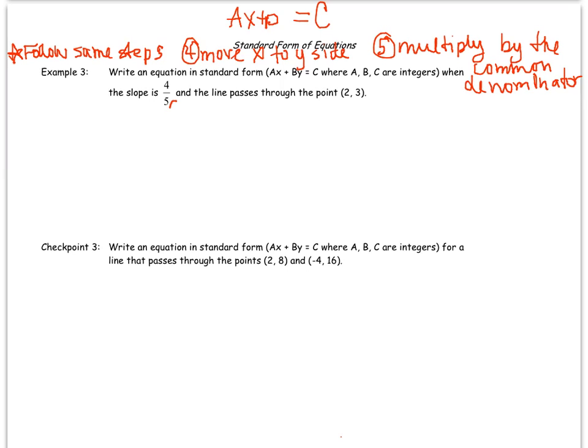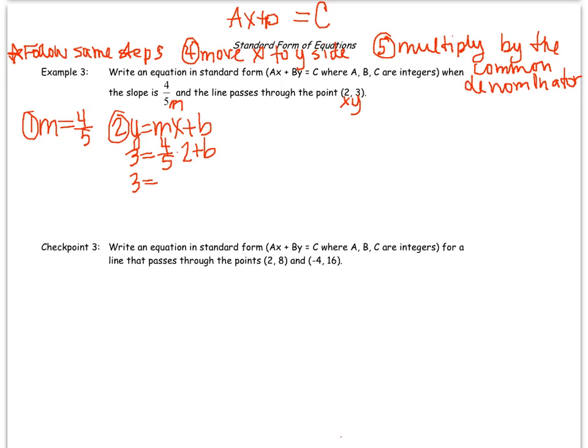So they give us our slope right here, that's our m, and they give us an x and a y. So step 1 is find the slope. Well, we know m equals 4/5. Step 2 is find our y-intercept, so we're going to plug into y equals mx plus b. Y is 3, m is 4/5, x is 2, plus b.